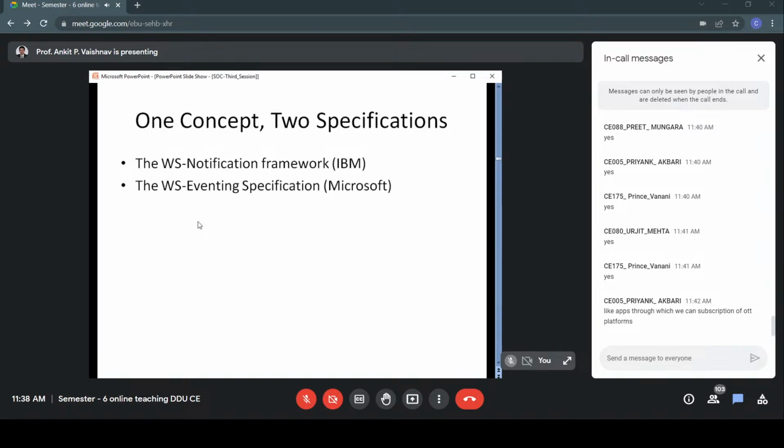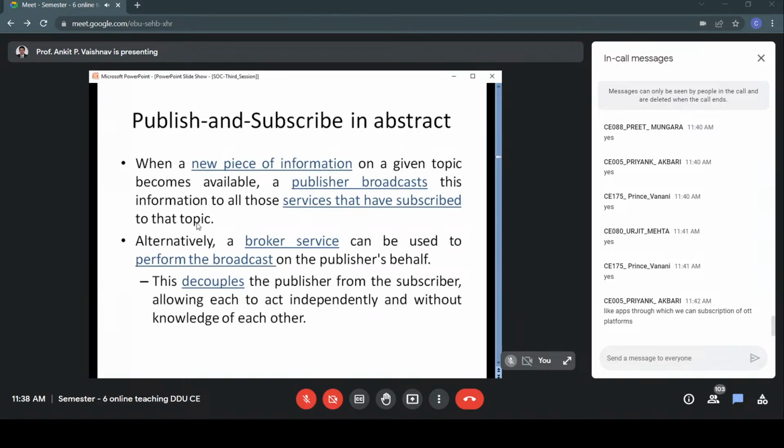Both these frameworks are implementing the same concept that is known as publisher subscriber. So when a new piece of information on a given topic is available, the publisher will broadcast that to the services that have subscribed. Alternatively, we have the role of a broker as well. A broker service can be used to perform the broadcast on the publisher's behalf. It is just like passing a parcel.